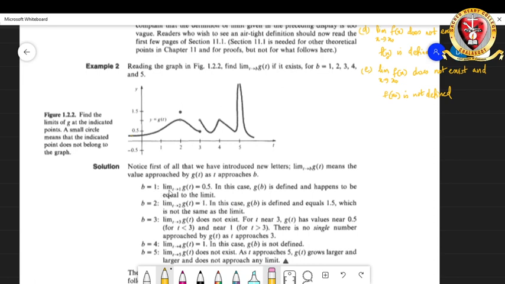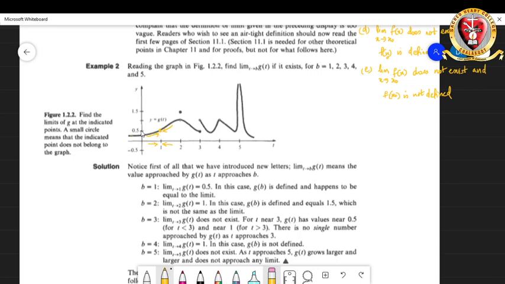Let's see first when b is equal to 1. That means limit t tends to 1 g of t. That means we are moving from here to here and here to here. That means the function is here, right?